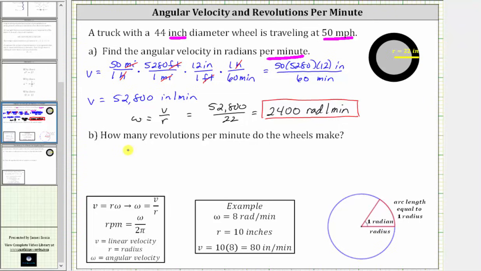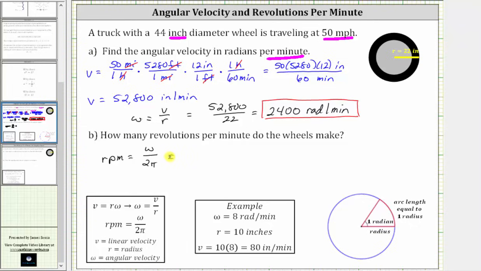And now for part B, we need to determine how many revolutions per minute the wheels make. Well, the revolutions per minute is equal to the angular velocity divided by 2 pi, because remember, 2 pi radians is equal to 1 rotation, or 1 revolution. So the revolutions per minute are equal to the angular velocity omega divided by 2 pi radians.